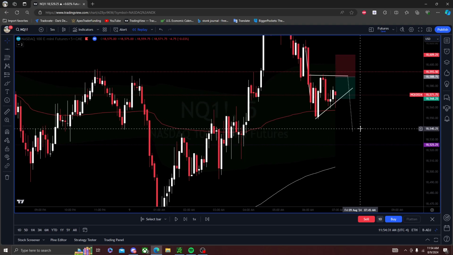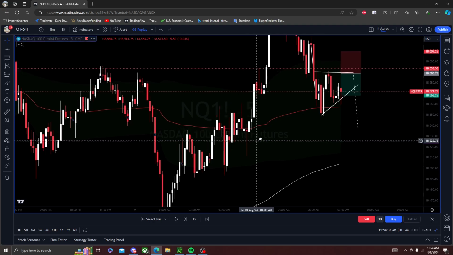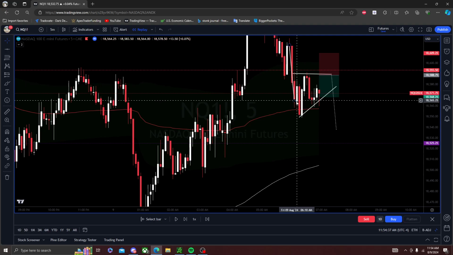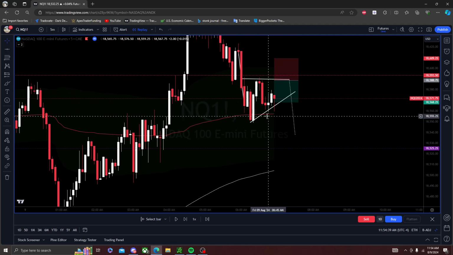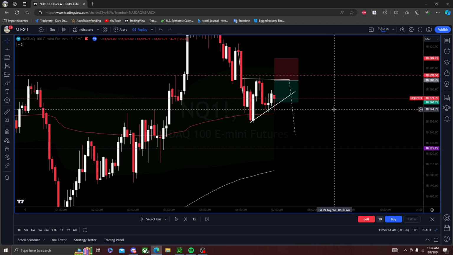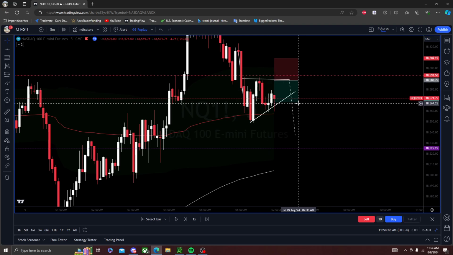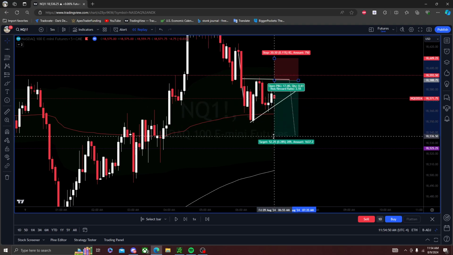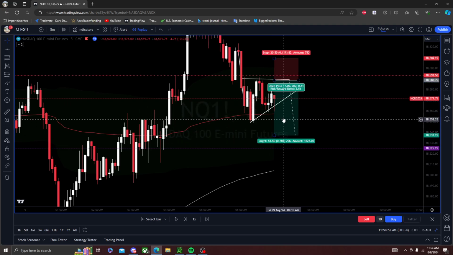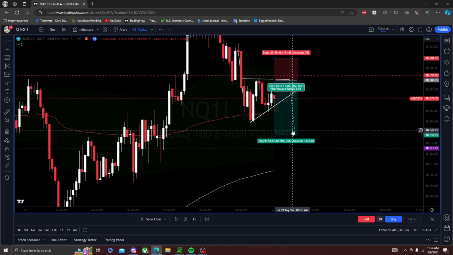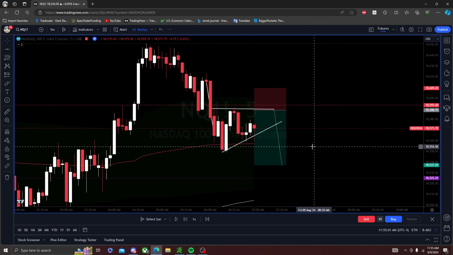You do want to use other external confluences as well, because if you're using just a duplicated flagpole, there really isn't a whole lot going for you, as you could be giving up some of those actual profits. So technically, this should be the bare minimum that we look for. Yes, we can continue lower, but a lot of times this should usually be the bare minimum for our final target.